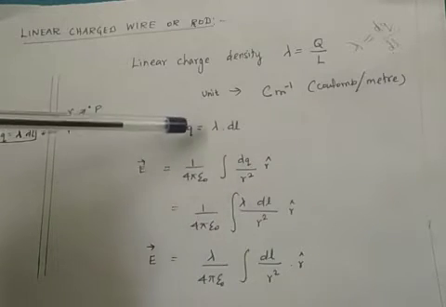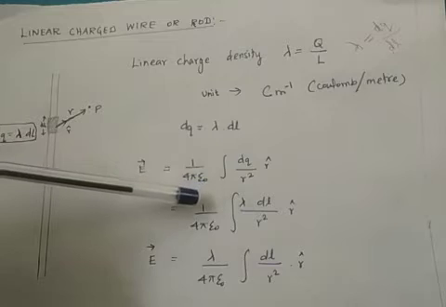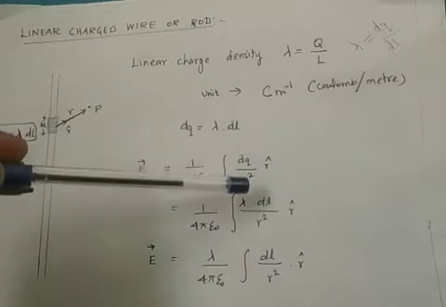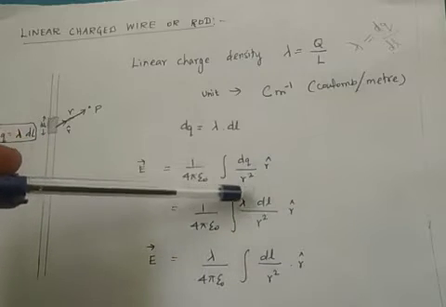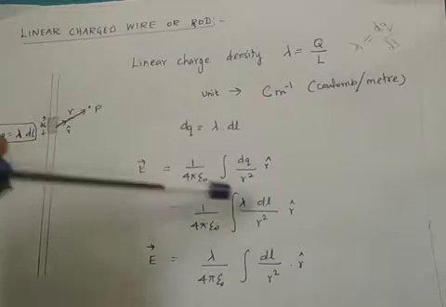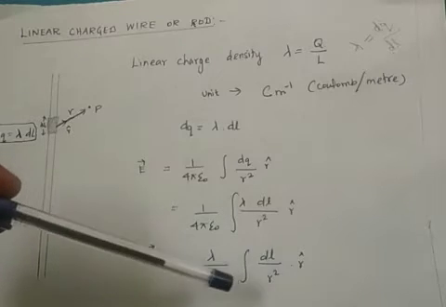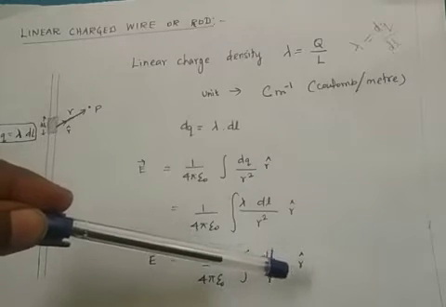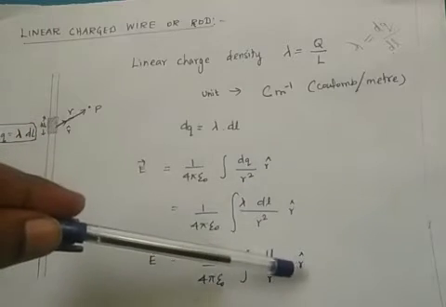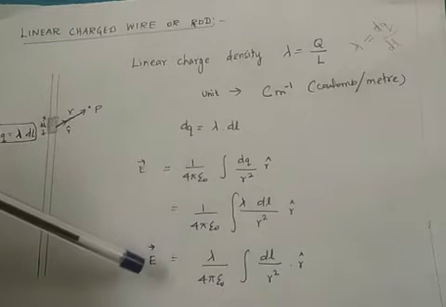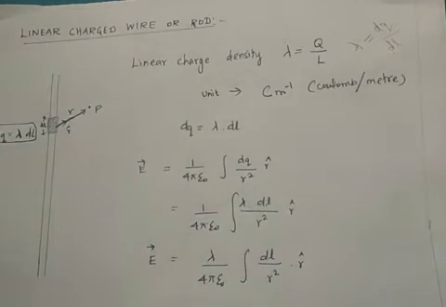Substituting the value of dq in this formula, we can write it again as 1 by 4 pi epsilon naught integration of lambda into dl divided by r square into r cap. Since lambda is constant in this wire, we take it outside. So it is lambda divided by 4 pi epsilon naught integration of dl divided by r squared into r cap. Here the unit vector r cap acts from that smaller portion to the considered point P. So this is the expression for calculating the electric field due to a linear charged wire or rod.